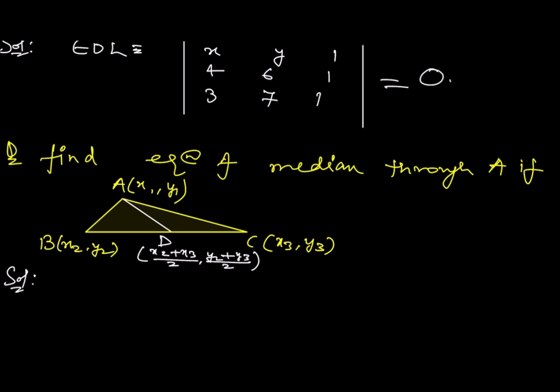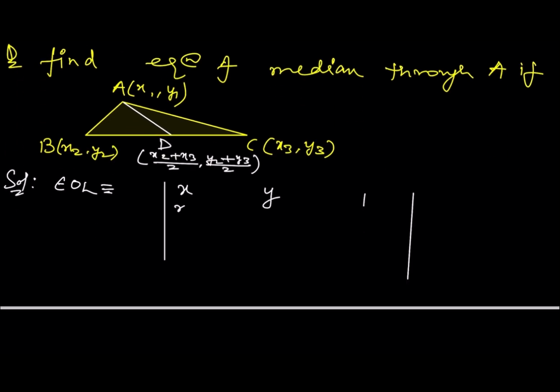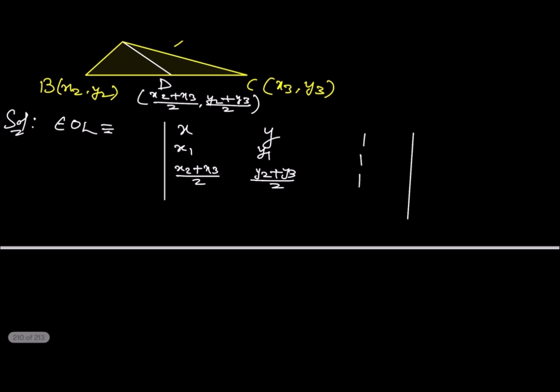So the equation of the line is the determinant x y 1, x1 y1 1, and in the third row (x2 plus x3) by 2, (y2 plus y3) by 2, 1.